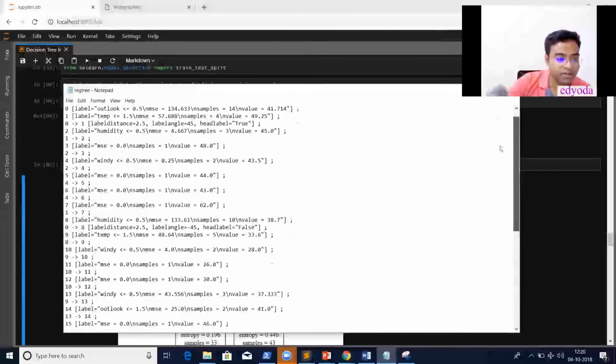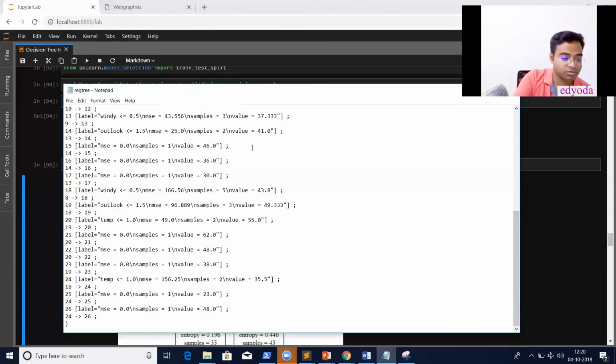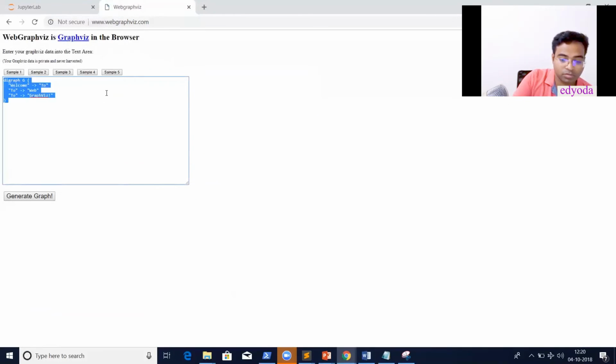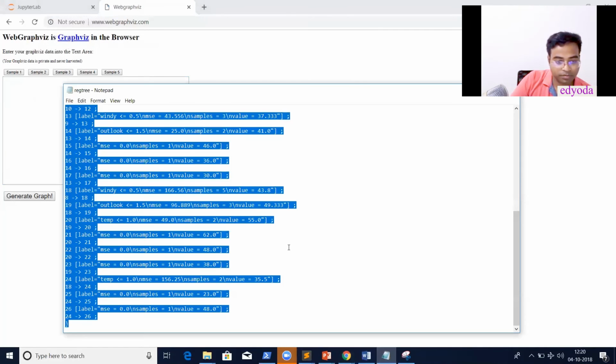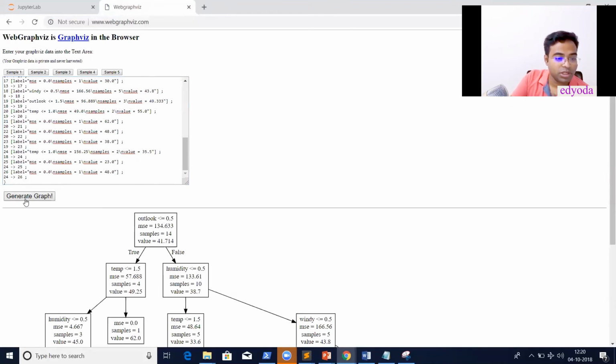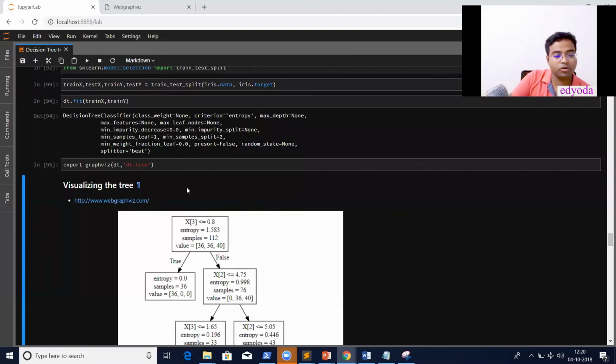This is not the same file, but it generates a file. You need to copy this, Control C, and paste it over here. Click generate graph. It will generate the tree here. This is not the same tree, but this is how you generate it.